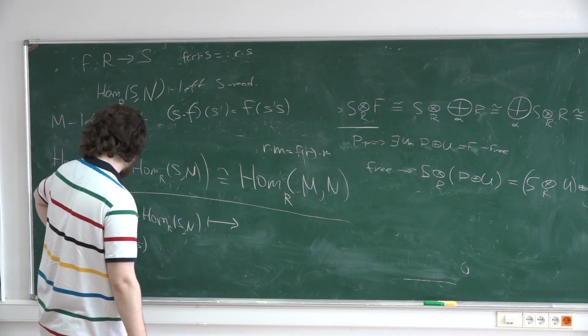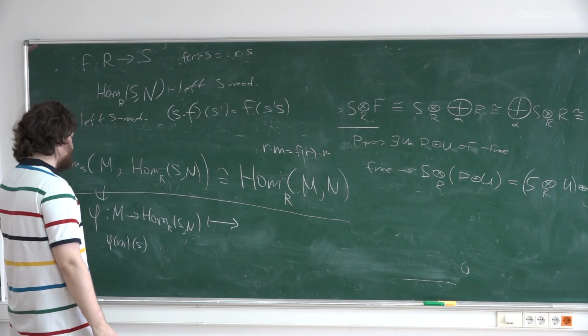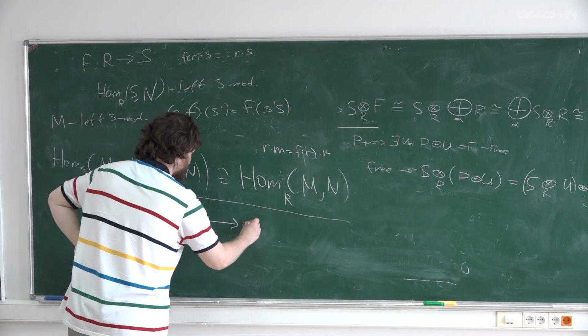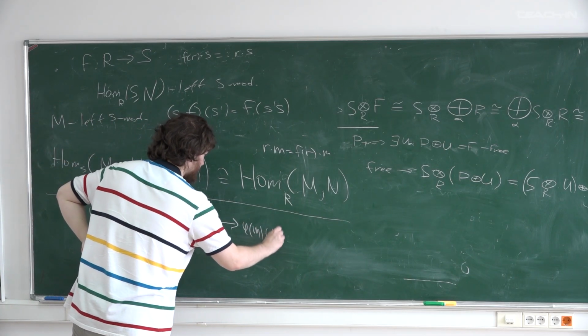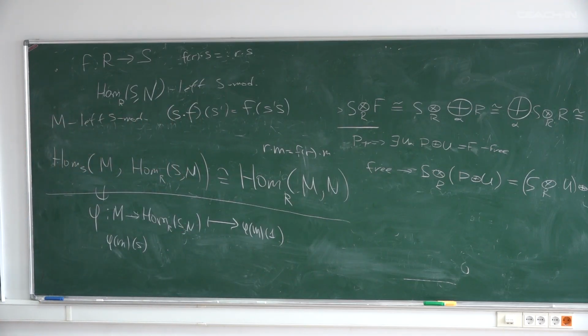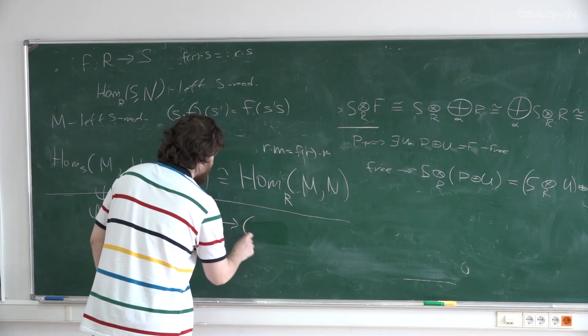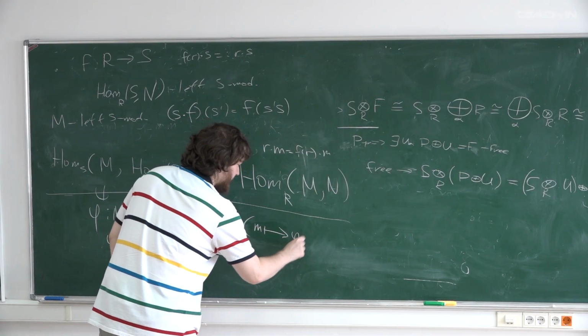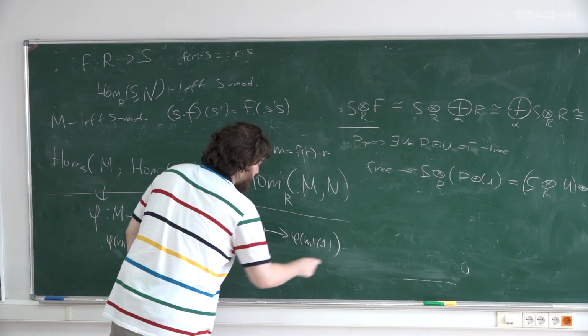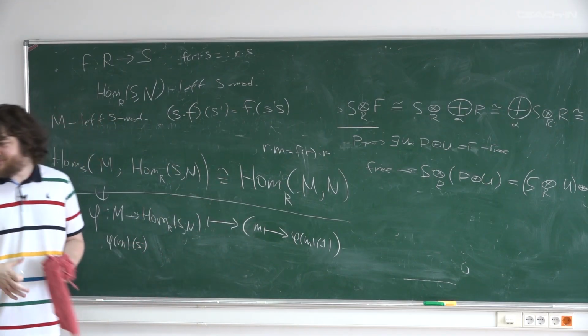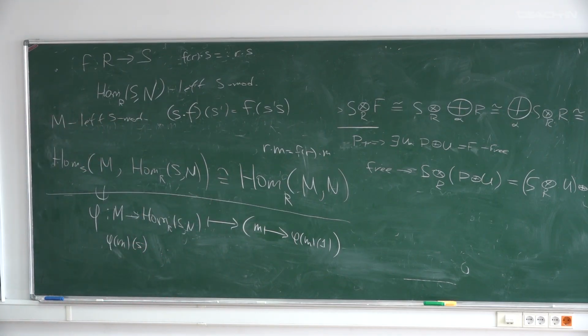It's phi of m applied to the unit of S. It's a homomorphism which sends m to phi of m of the unit, going from M to N. Why 1?